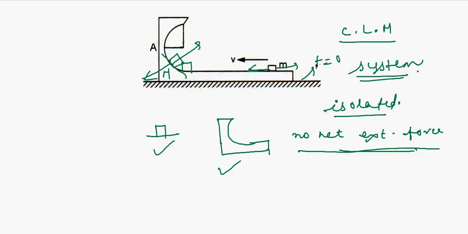This is frictionless, so we can take both of the blocks as a single system and use conservation of linear momentum. For this system, the force acting in the horizontal direction is zero, but in the vertical direction, gravity goes on acting, so linear momentum will be conserved only in the horizontal direction, not in the vertical direction.